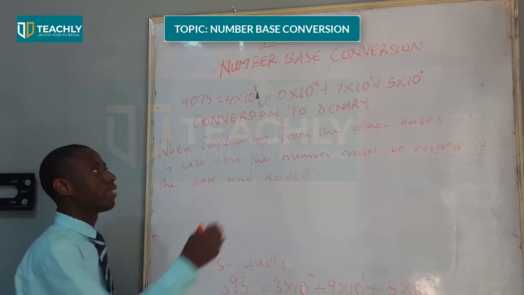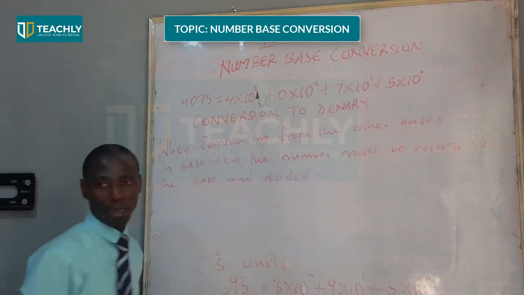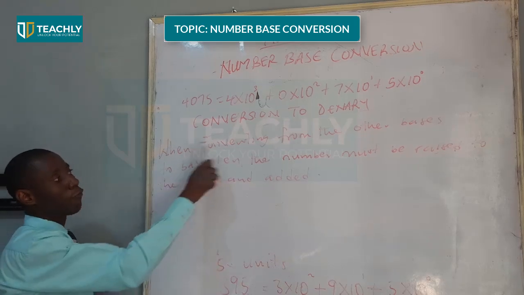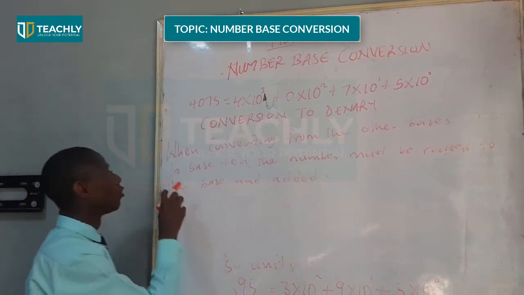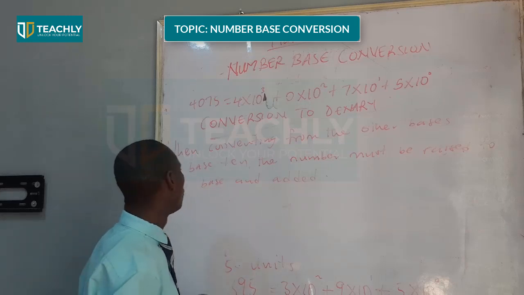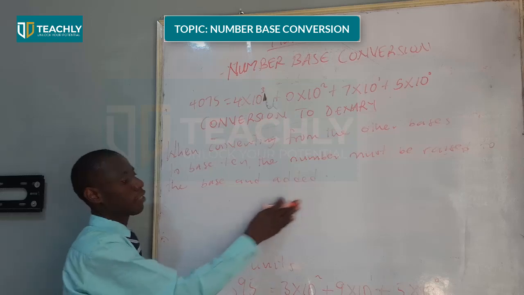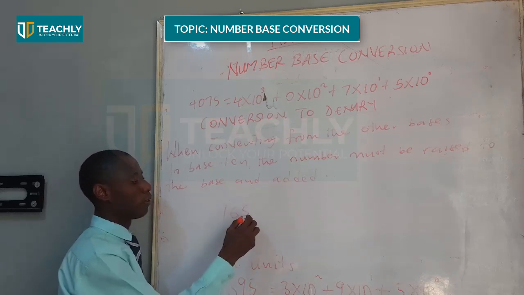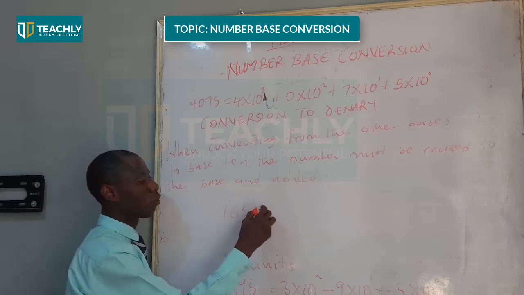So another name for denary is decimal, or generally base 10. So from what we have here, when converting from the other bases to base 10, the number must be what? Raised to the base. Let's say for example you are given 165 in base 7 and they say you have to convert to base 10.